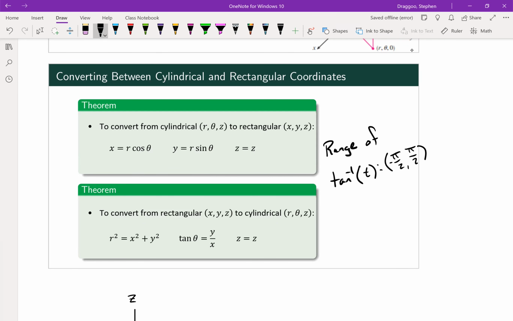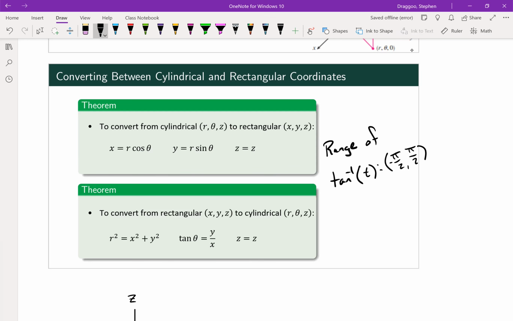But if we use the tangent inverse function and we're in the first quadrant, everything works out totally fine. But if we're outside the first quadrant, things tend to get a little more complicated. So you may want to review the tangent inverse function if you plan on using it in the future, which probably there will be some examples where you'll need the inverse tangent function.